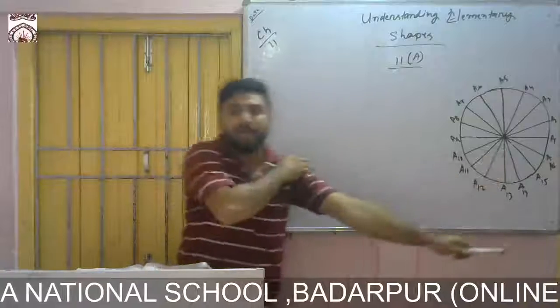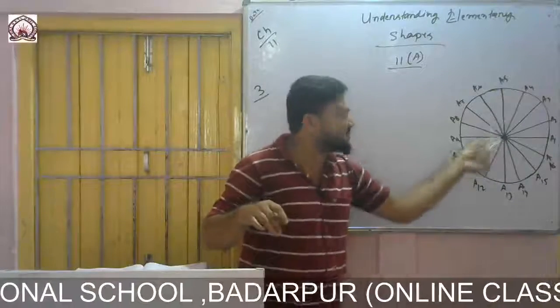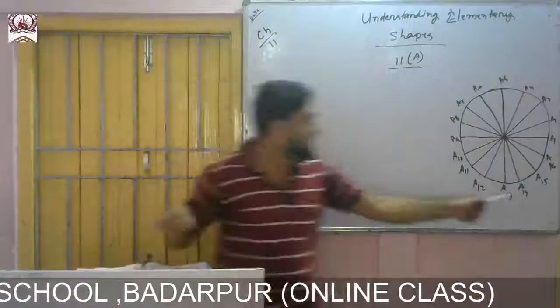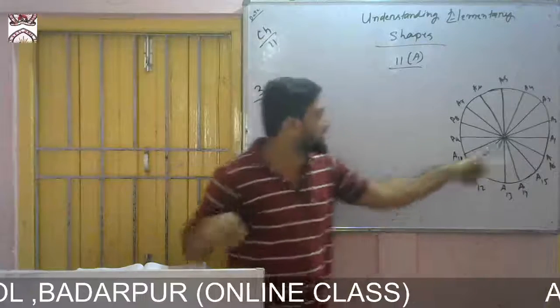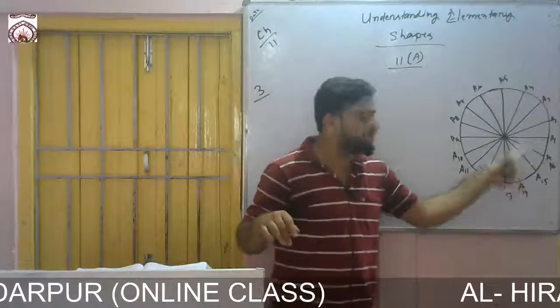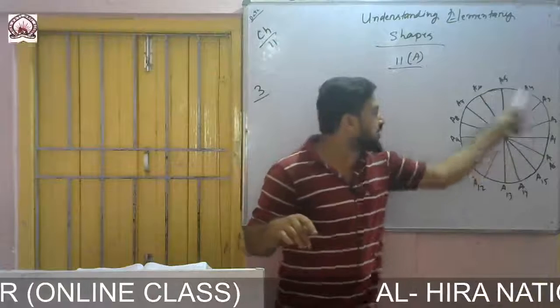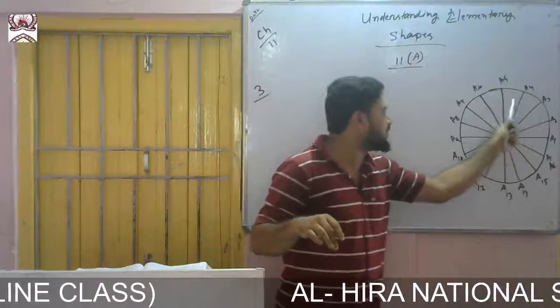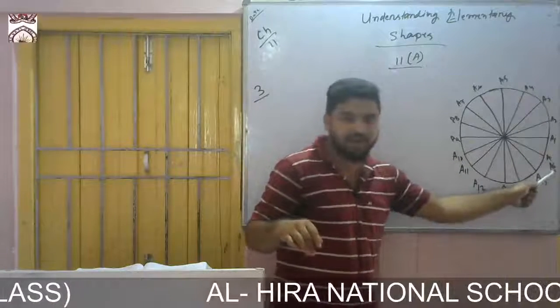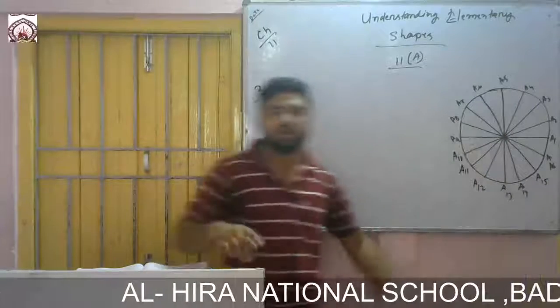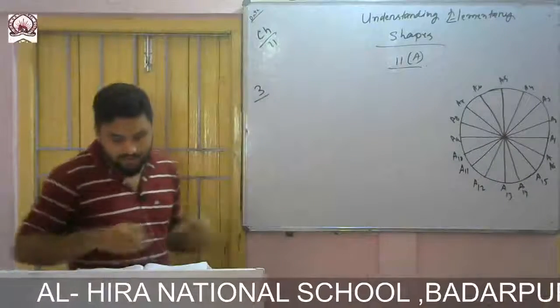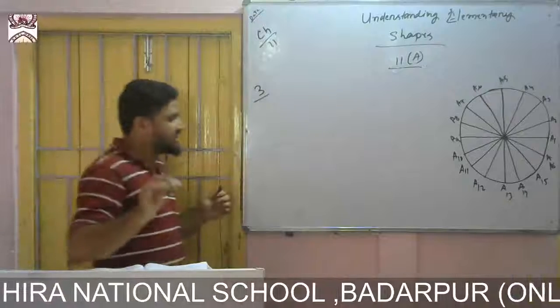The total is 360 degrees, and 16 parts are there. So each part will be 360 degrees divided by 16.